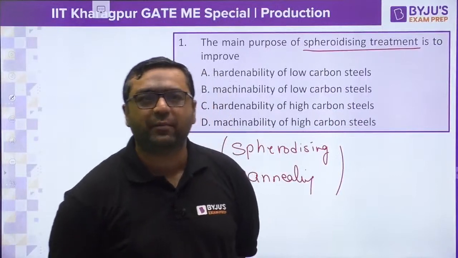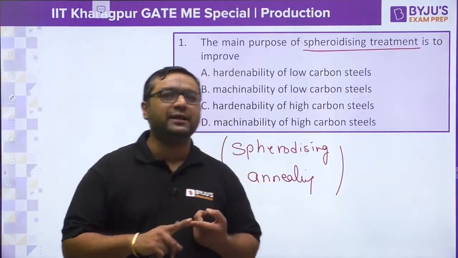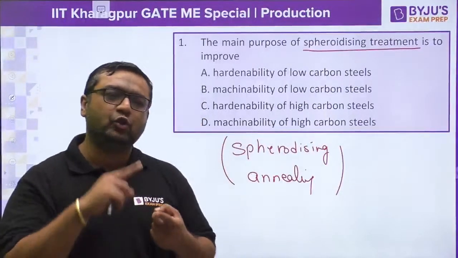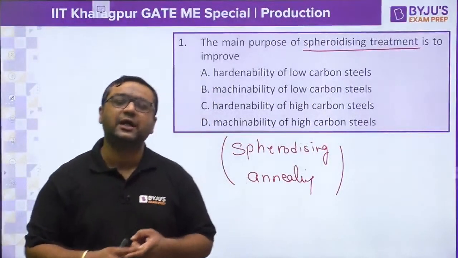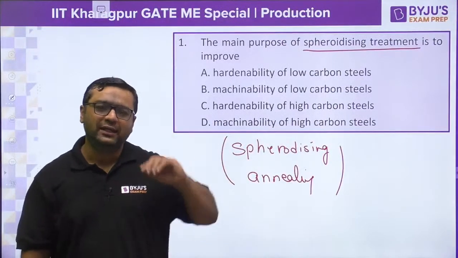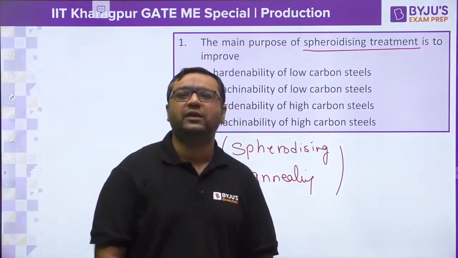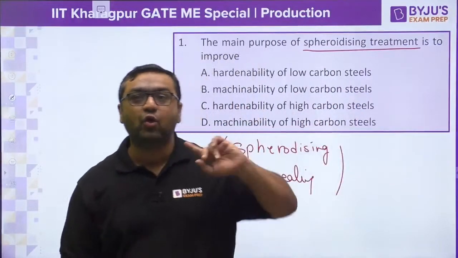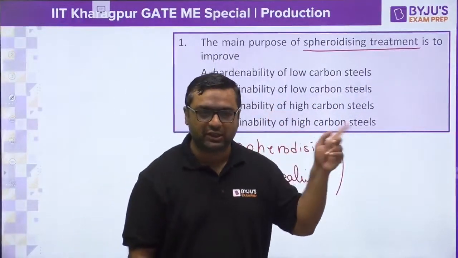Very good, Kirti Verma. The first point is that heat treatments like annealing, normalizing and hardening are always done with medium or high carbon steel, not with low carbon steel. Why?